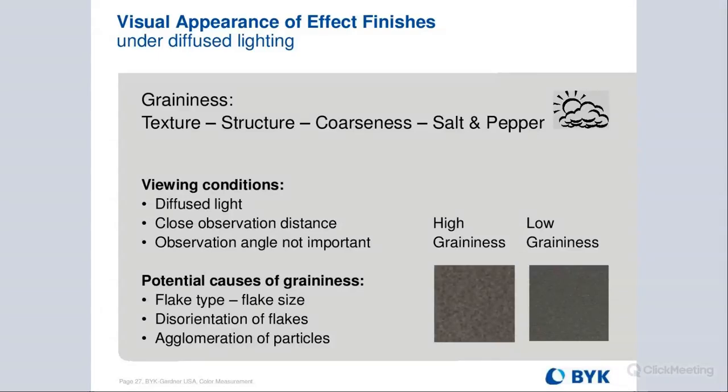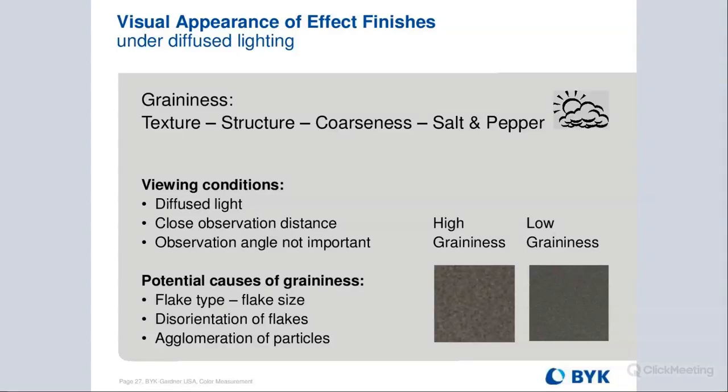For graininess, this is diffuse illumination. So if you are looking in a light booth inside, this would be diffuse illumination. You need to be at a fairly close distance because it's hard to see these far away. They kind of all merge together.